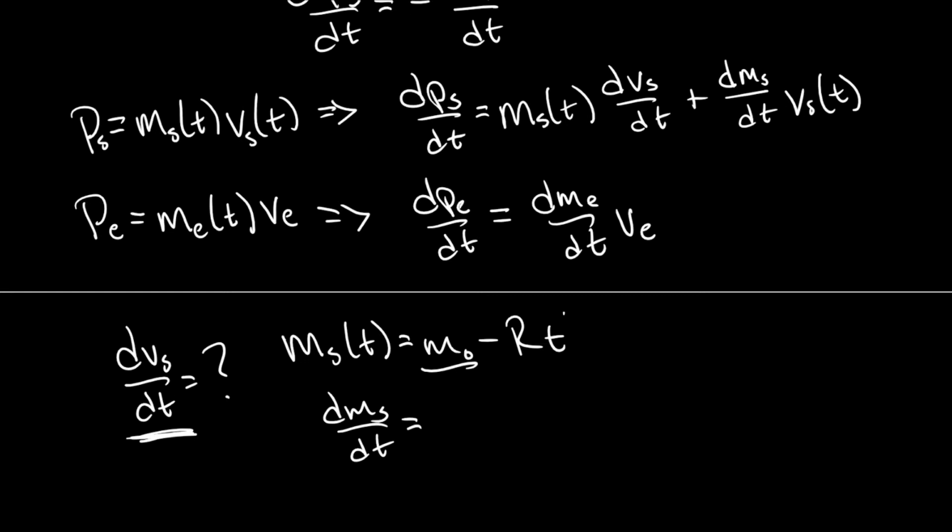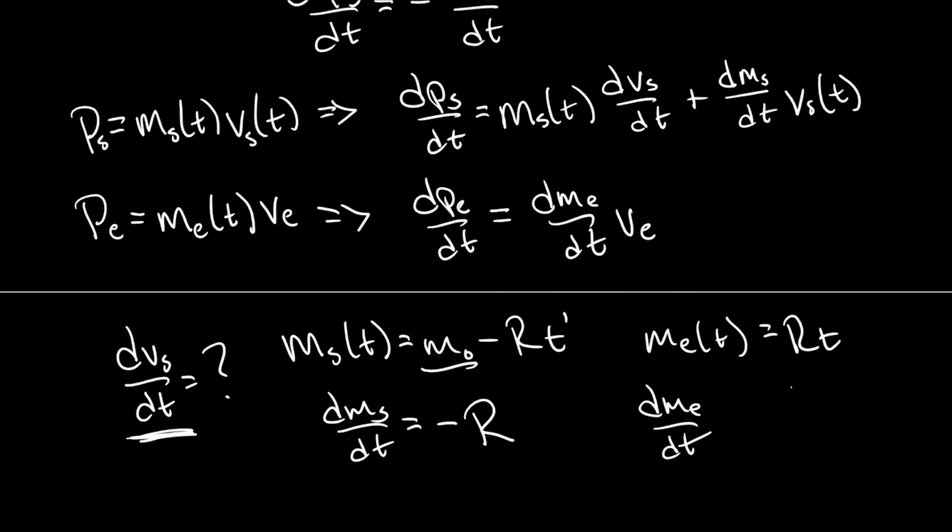We know that this is raised to the 1. We subtract 1 from the power, multiply by the old power, and we get that this is equal to minus r. And we can do the same thing for the exhaust mass. So dm_e/dt is equal to plus r. So we get the same thing, just without the minus sign.